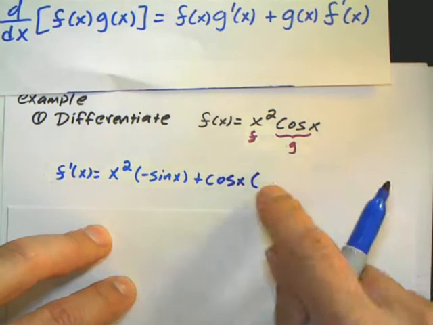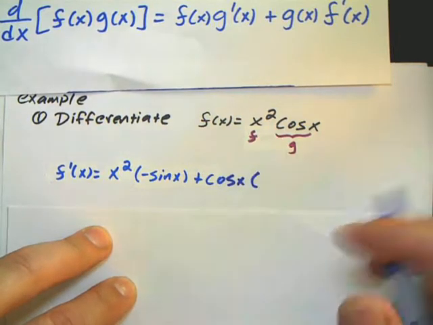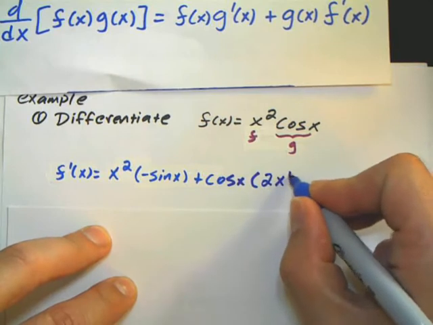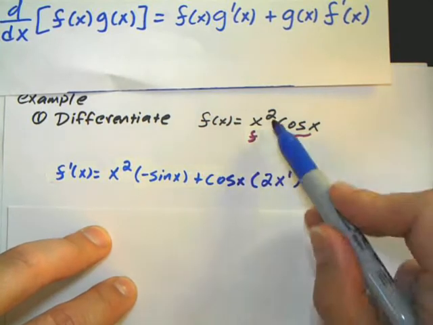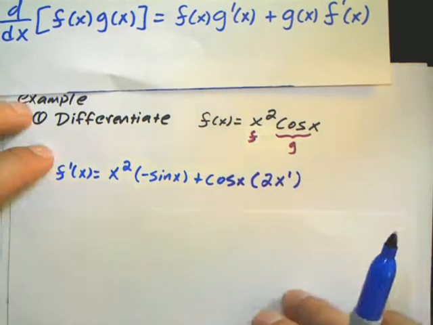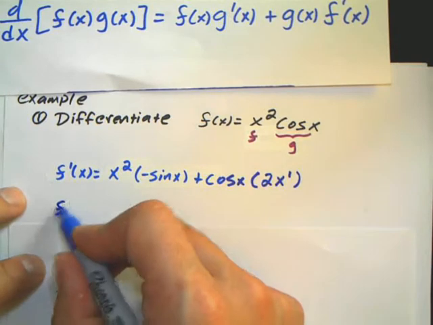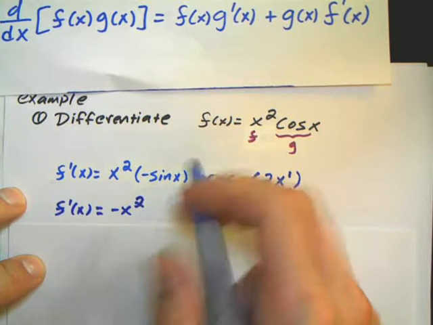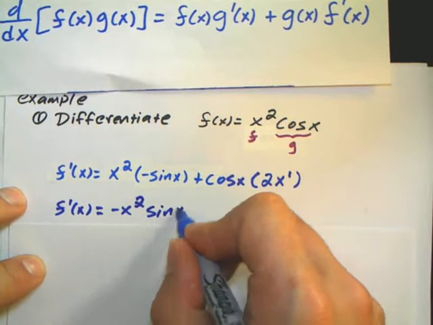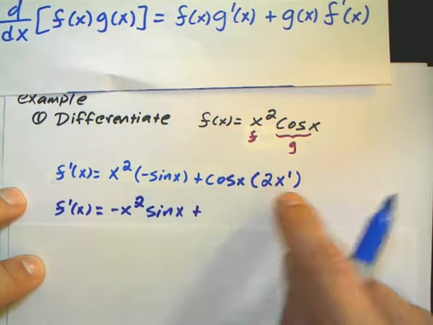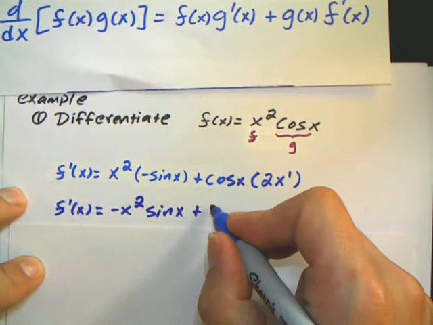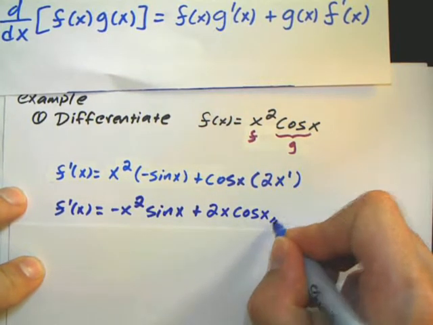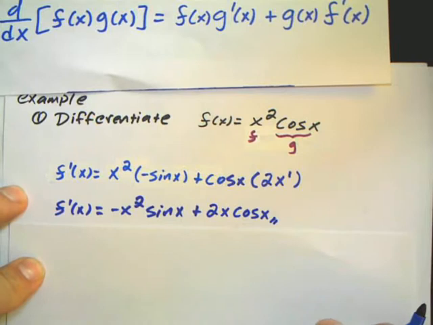I'm going to multiply that by the derivative of x squared, which the power rule says is 2x to the first power, if you drop the power in front, subtracted by 1. Simplifying a little bit, this is negative x squared sine of x plus, I can just put this 2x in front of the cosine, and that's going to be my derivative. That's my answer.